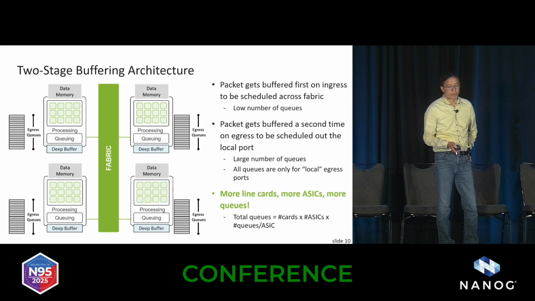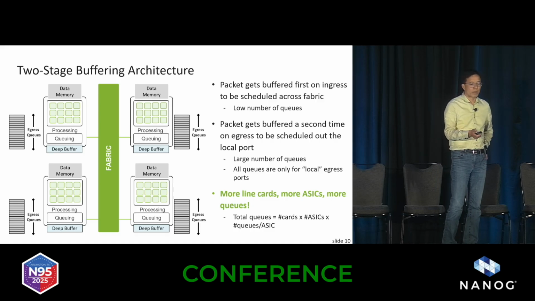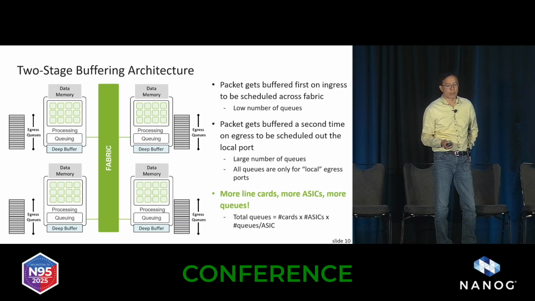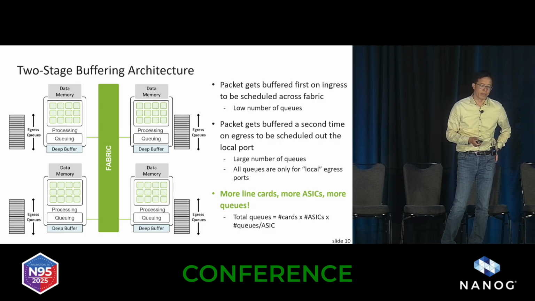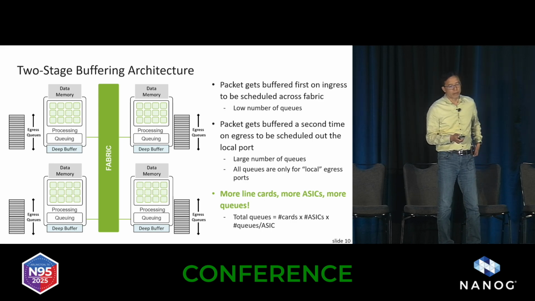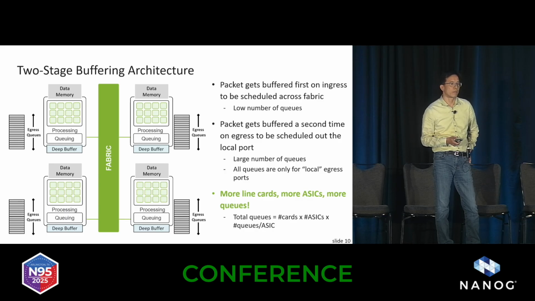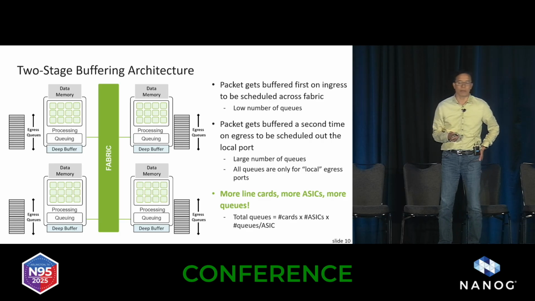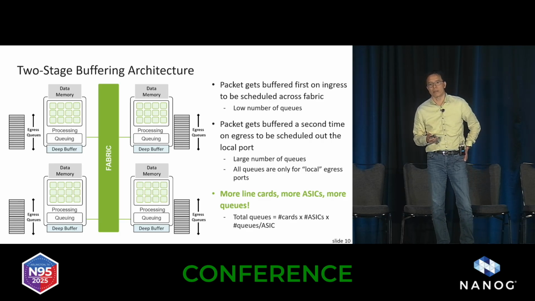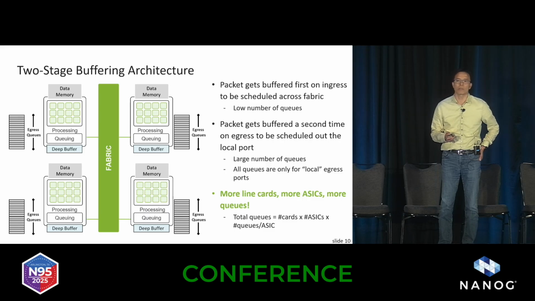Which means on the egress side, the memory can be all used for its local port. So it can have a large number of queues, because all queues are only used for the local egress port. And for the total system queue number, usually the more line cards, the more ASICs, basically you have more queues. So total queue number usually equals the number of line cards you have, the number of ASICs on each line card, and how many queues per ASIC.